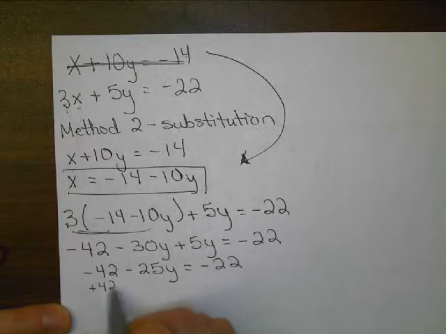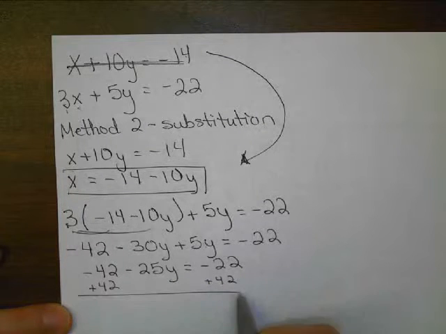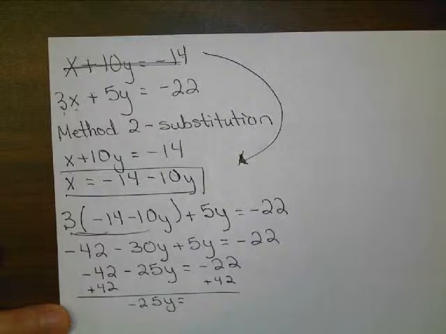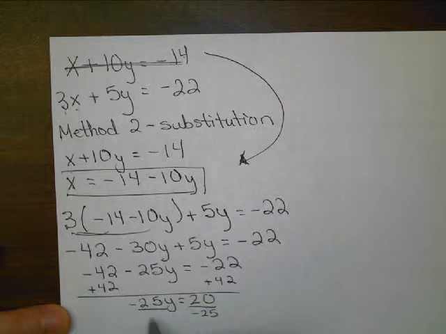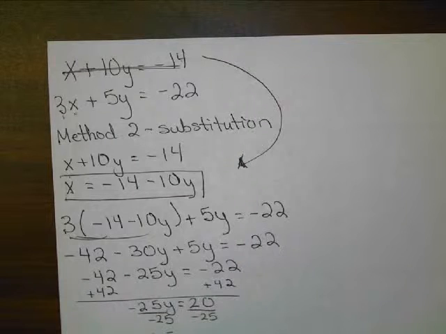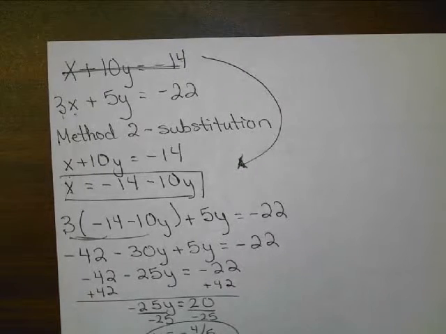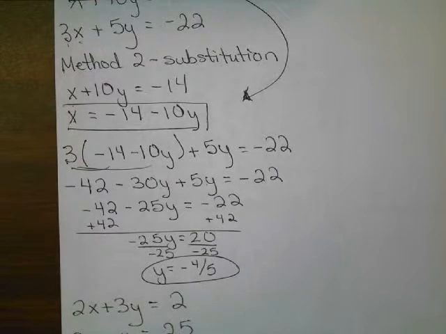I'll add the 42 over, that way I can get y by itself. So I have negative 25y equals 20. Then divide both sides by negative 25. And 20 divided by negative 25 in simplest fraction form is negative 4/5. So I know y is negative 4/5.